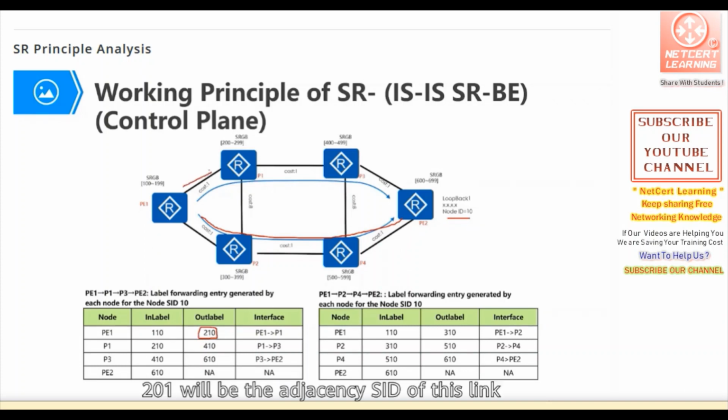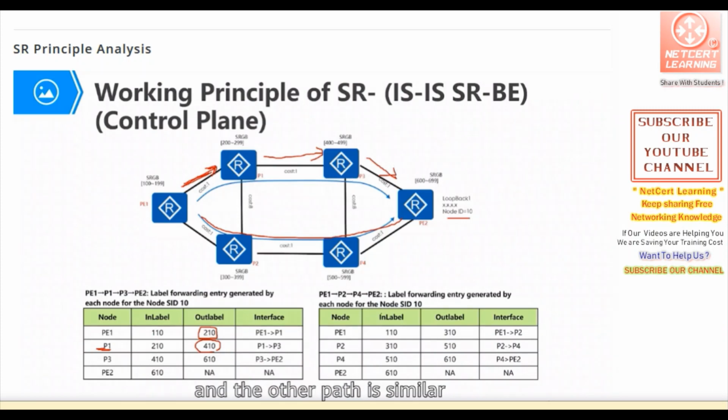So 210 will be the adjacency SID of this link. Then from P1 to P3, the out label is 410, which will be the adjacency SID of this link. And the same here will be 610. Finally it goes to PE2.